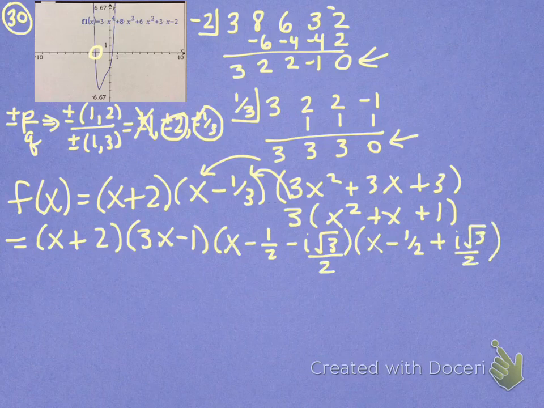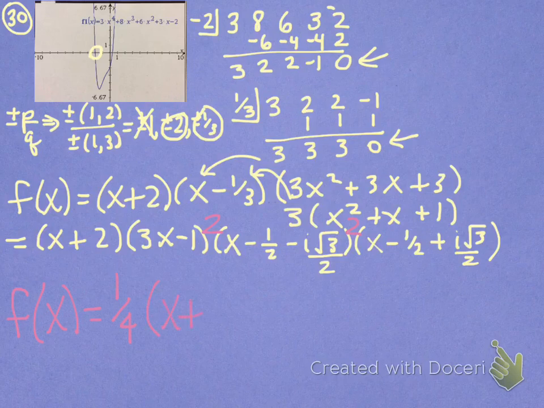And again, to get rid of all these fractions, because the complex numbers are enough to look at, we would come in and multiply each of those factors by 2. So I'm going to multiply the last 2 factors by 2. So I've really just multiplied this problem by 4. So I'm going to make up for that by pulling a 1/4 out front.